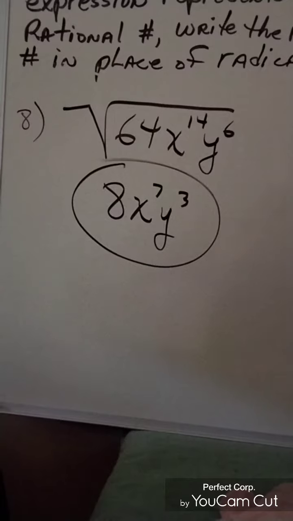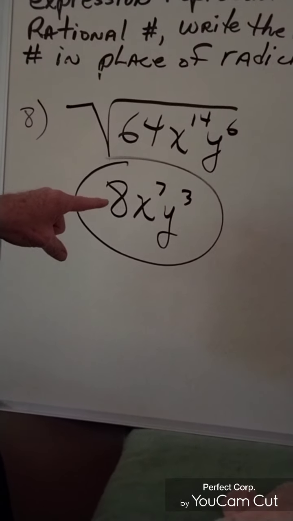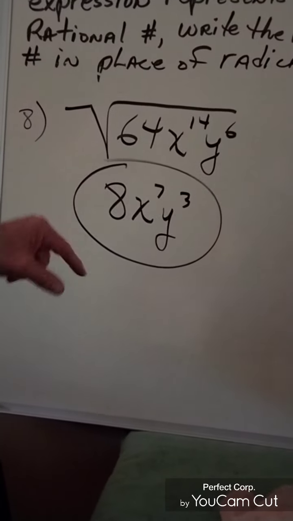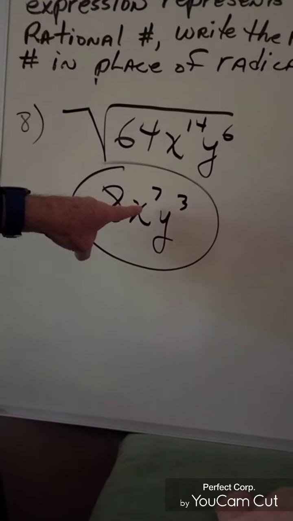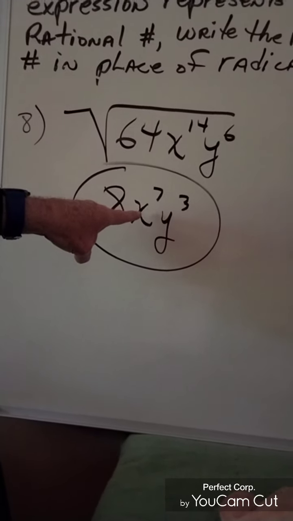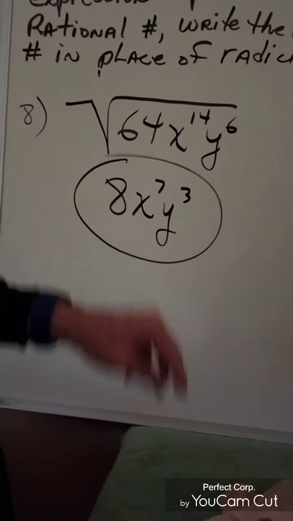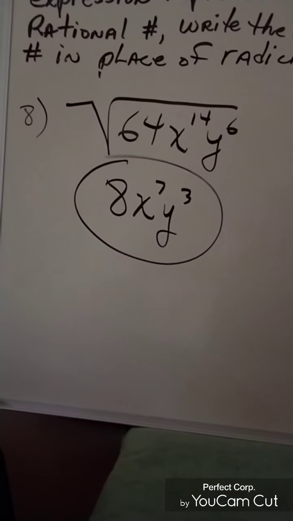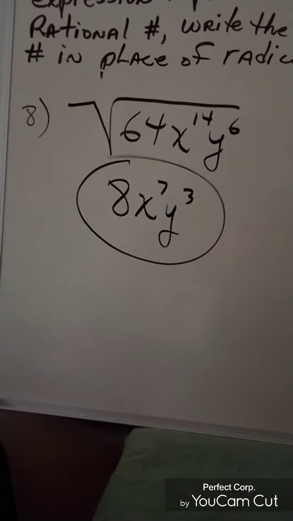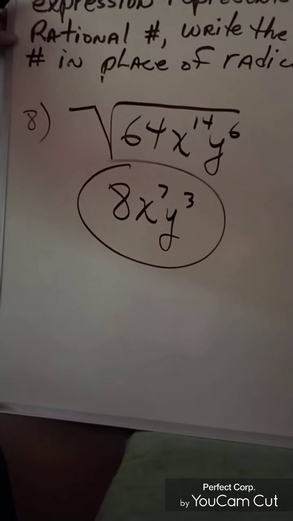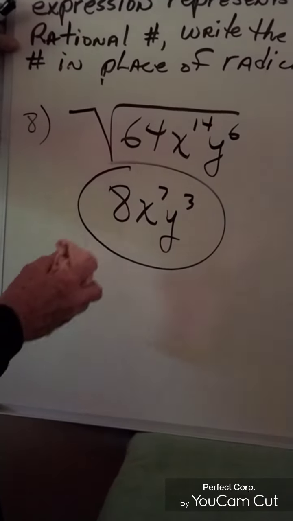Done. Now, in actuality, if absolute value was enforced, you would need an absolute value around the x to the 7th and around the y to the 3rd because both of those exponents in the root answer are odd. But we're not going to worry about it. It's not that important. Okay?